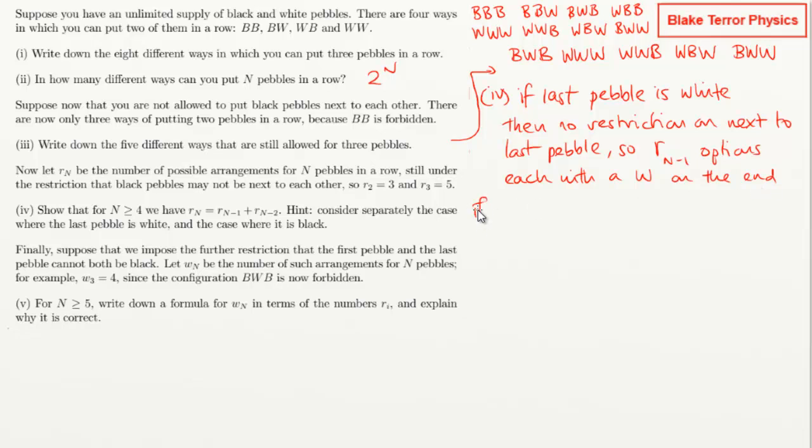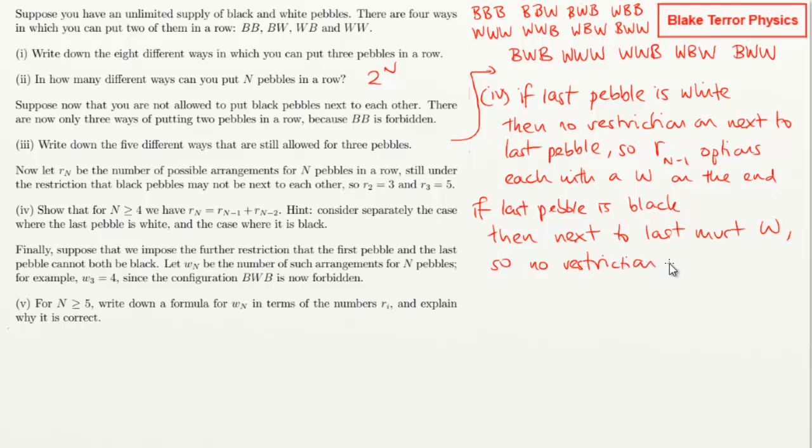Right. If the last pebble is black, then the next to last must be white. So we'll have no restriction on the pebble before that.